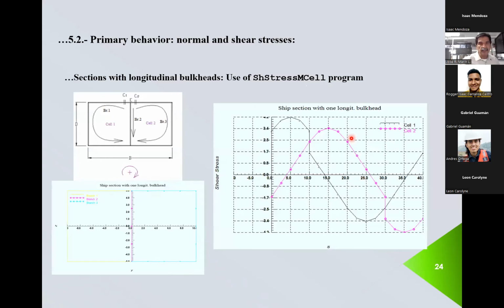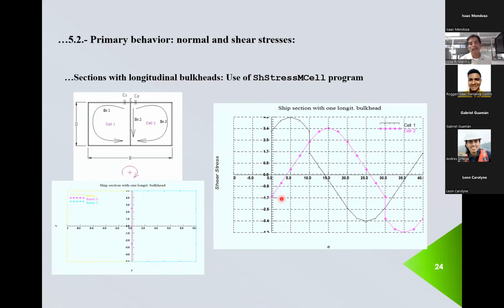And these are the results. Here, with different colors, it shows the three branches that we're using: branch 1 in yellow, branch 2 in magenta, and branch 3 in light blue, from here until here.